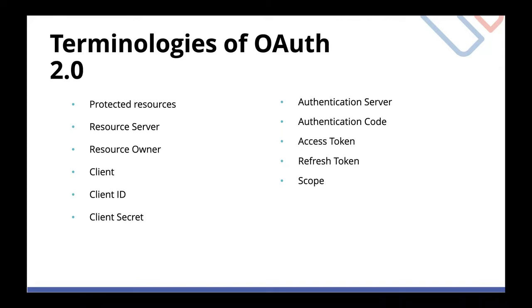While we are generating a client authentication code, we'll also define the scope, which means the actions which we are allowing this particular client to do. Based on these actions and scopes, the client will be provided with the authentication code, and using this authentication code, the client again contacts the authentication server for an access token and a refresh token.